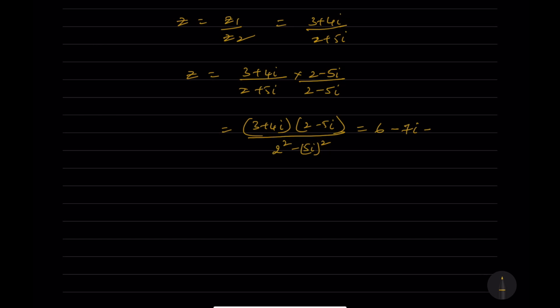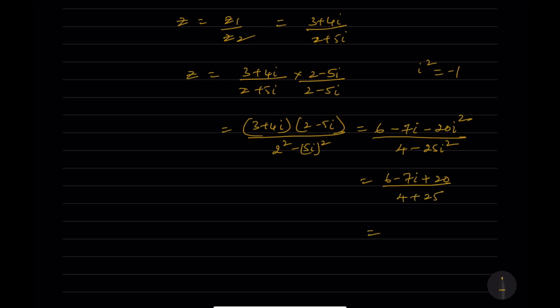minus 20i square. It will give you minus 20i square, divided by, here you are getting 4 minus of 25i square. So iota square is nothing but equal to minus 1 over here. So we'll substitute here 6 minus 7i plus 20 divided by 4 plus 25.